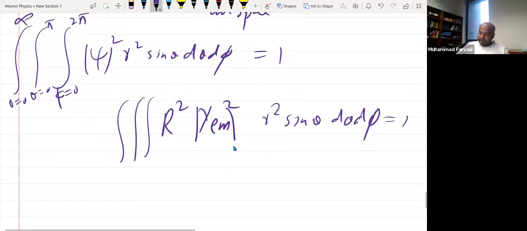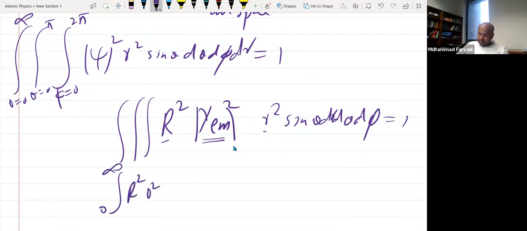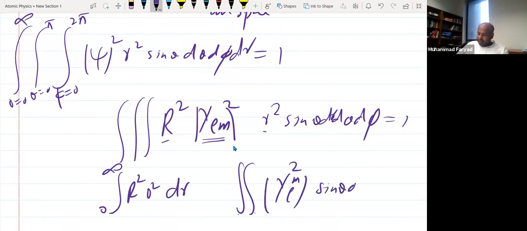Now we can separate the integral because the theta and phi dependence is only present in the spherical harmonic. So for the r-dependent part, there is a dr here, and we can make it separate: the integral from 0 to infinity of R^2 r^2 dr, and then the integral over theta and phi of Y_lm^2 sin theta d theta d phi.